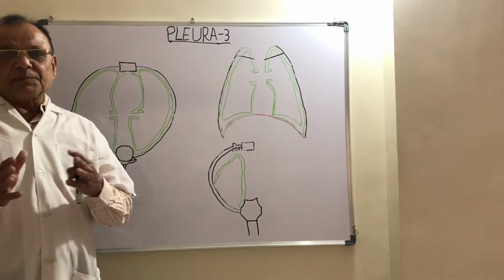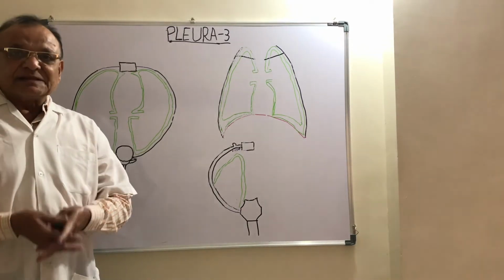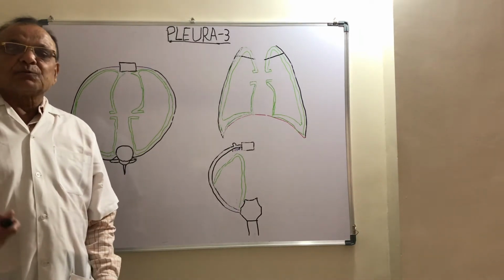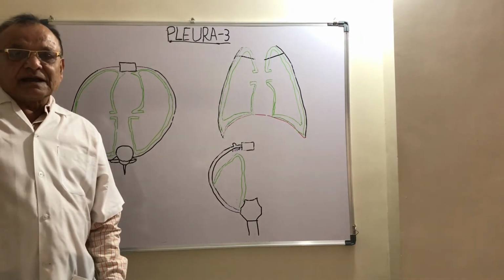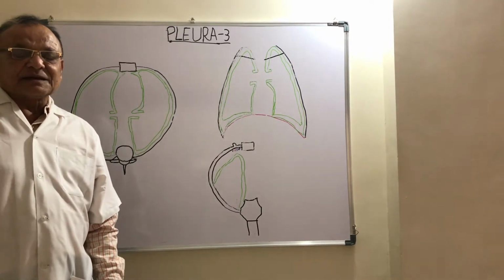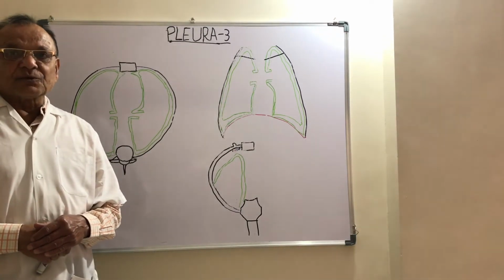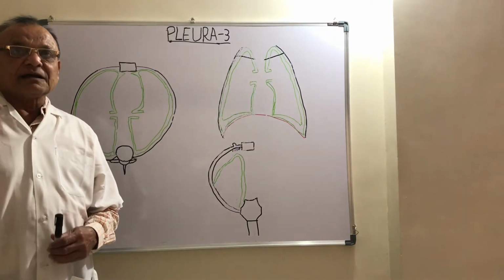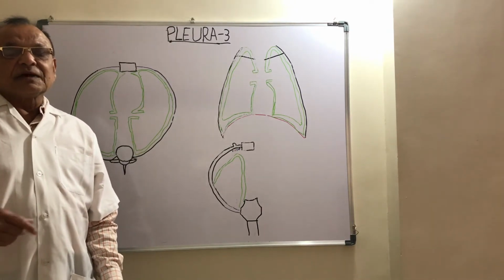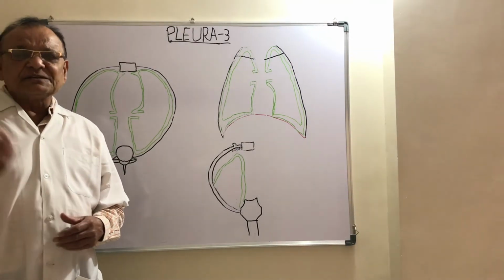The costal pleura is a part of the parietal pleura. It means that the parietal pleura extends up to the 8th rib in the mid-clavicular line, the 10th rib in the mid-axillary line, and the 12th rib in the mid-scapular line. Now we see the lung.